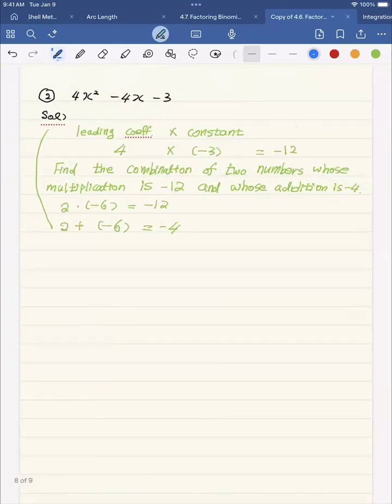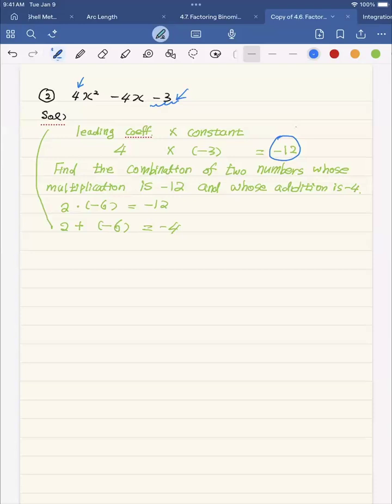The second example is 4x squared minus 4x minus 3. We will consider the leading coefficient times the constant term first. The leading coefficient is 4 and the constant term is minus 3. When we multiply, we will get negative 12.